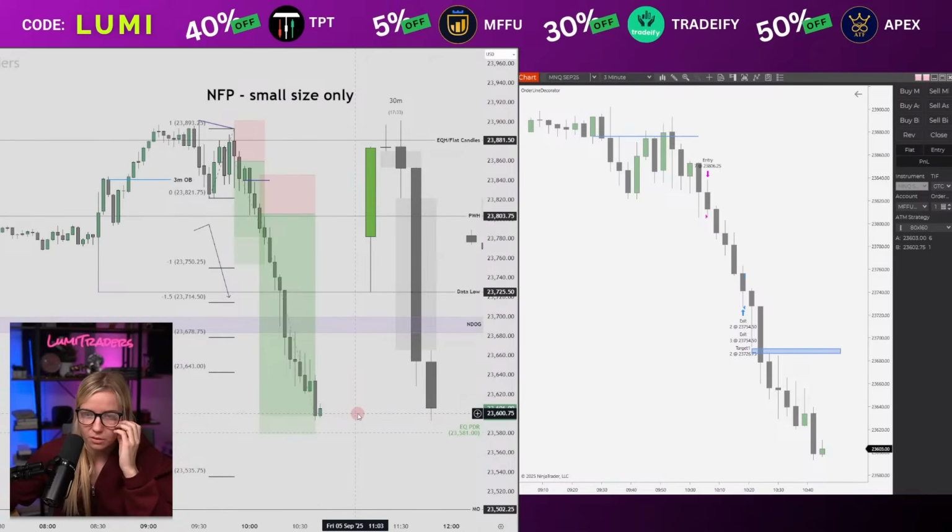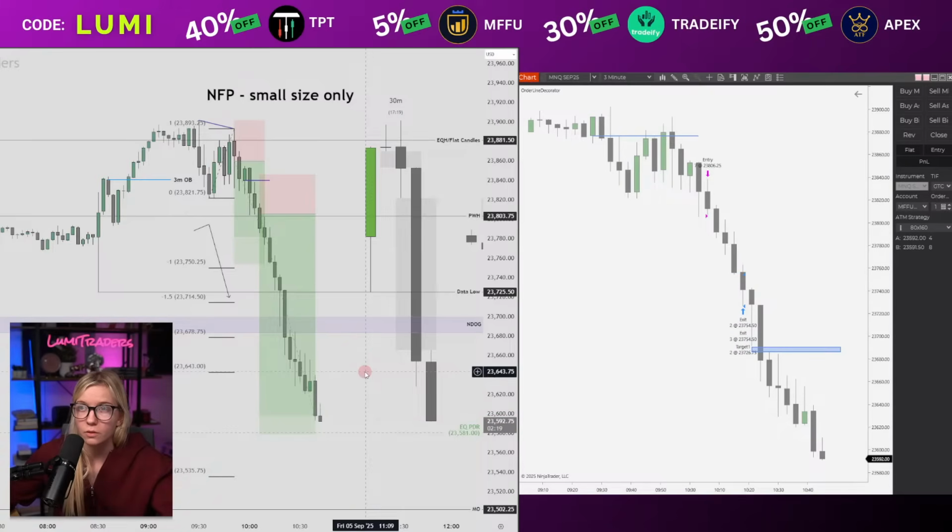Closed way too early. But who actually knew it was going to go below the data low? Is that normal? Not really. $35.65. Oh, you want to see a huge drop? I know about huge drops, especially on Friday.